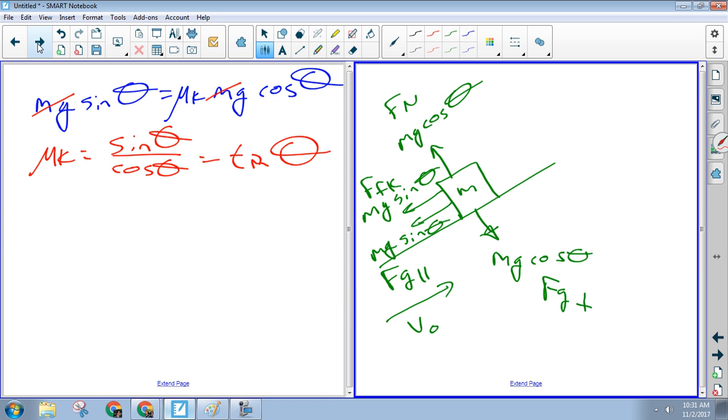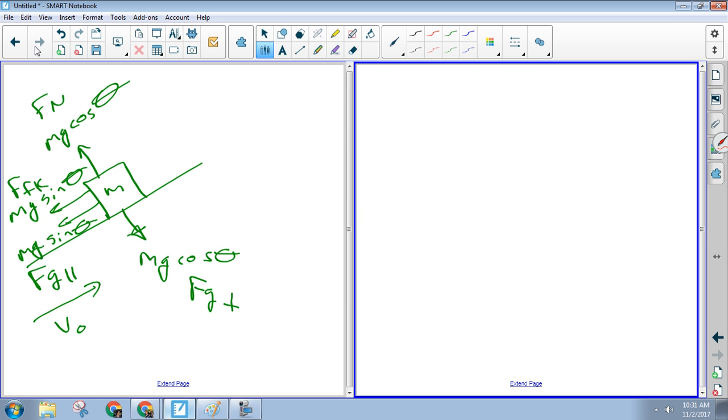All right, so now our block is sliding up the ramp, and so here's what I know. Is everybody okay with the drawing I've got so far? Any questions? All right, so look, net force equals ma. What's my net force going to be, you guys? 2 mg sine theta.